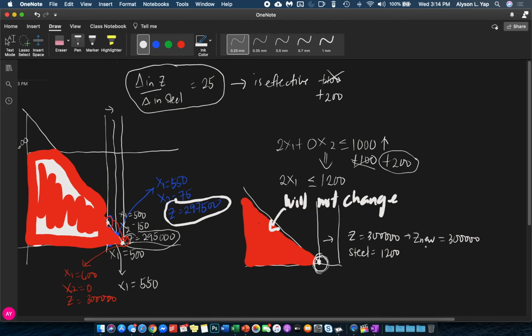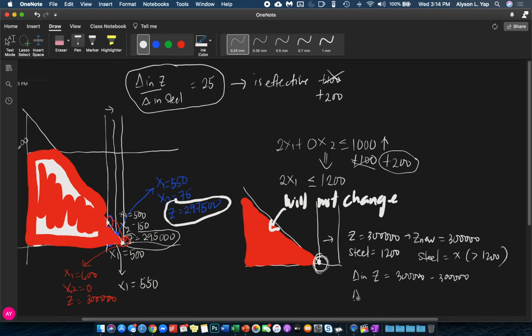And because your new Z is still 300,000, and let's say your steel is some value X that is greater than 1,200, if we get the ratio that we were computing a while ago, the change in Z is 300,000 minus 300,000.